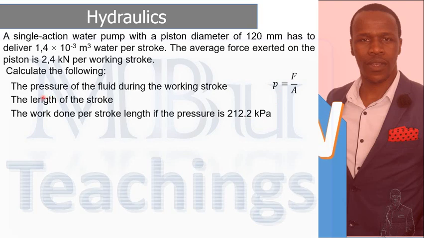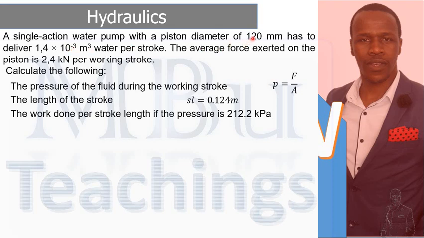And then we move to the second question, which says the length of the stroke. So obviously the length of the stroke, you have the volume. The volume is equal to pi d squared over 4 times stroke length.